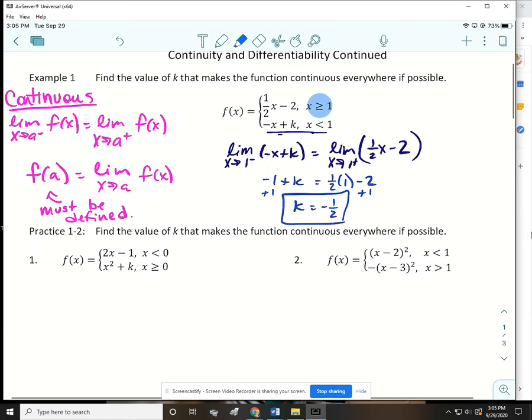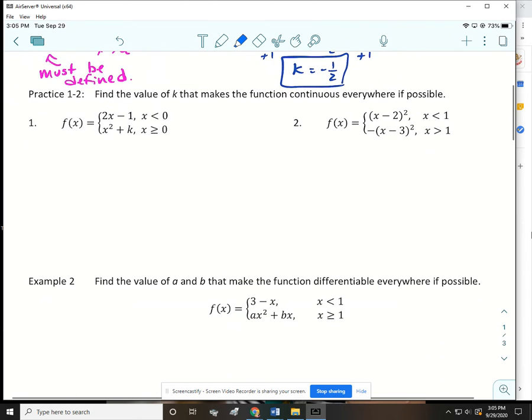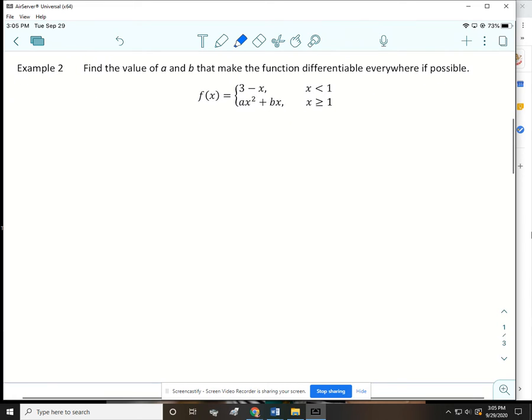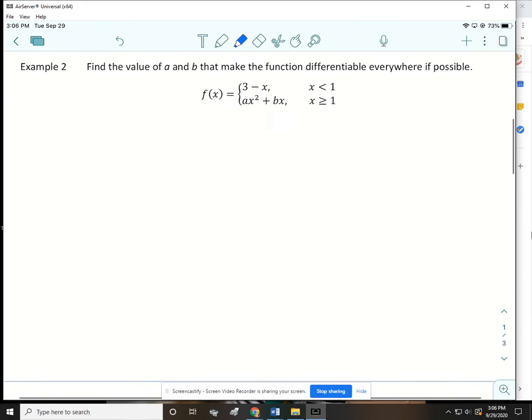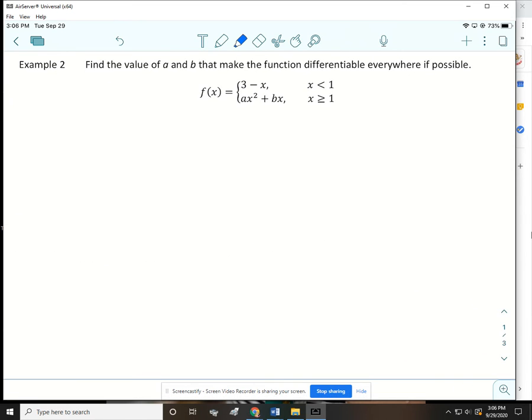Okay, so use the same process to do practice 1 and 2. So that's part of your assignment. All right, and then example 2 and practice 3 and 4 have the same directions, which is to find the value of a and b that make the function differentiable everywhere if possible. So for a function to be differentiable, the function must be continuous.